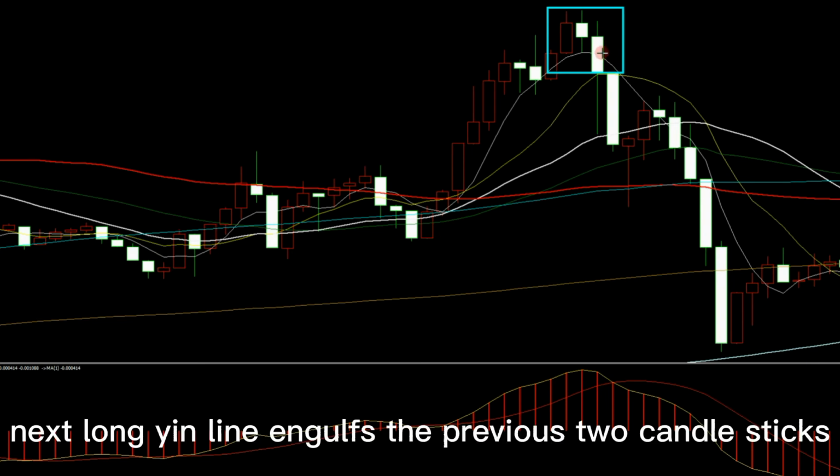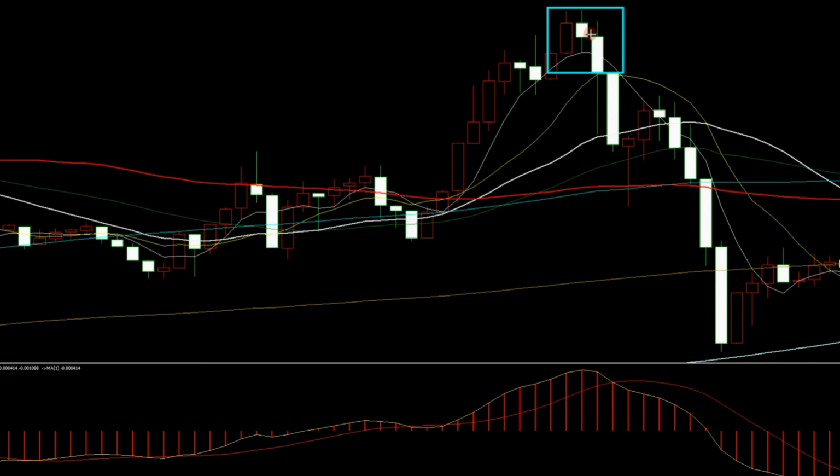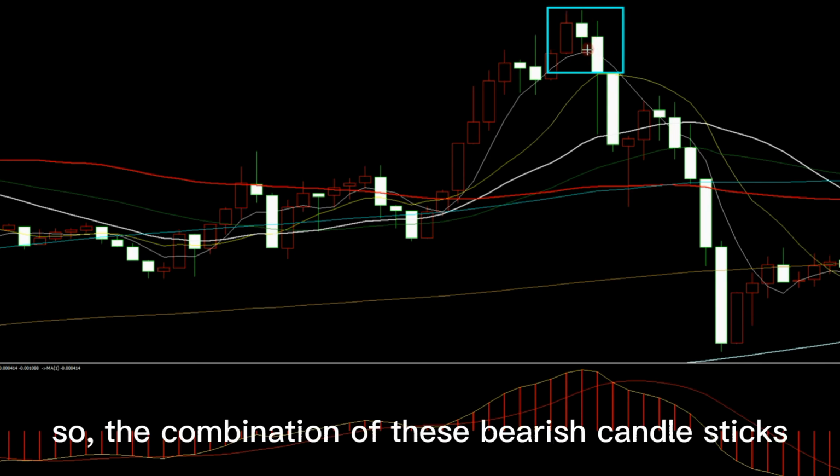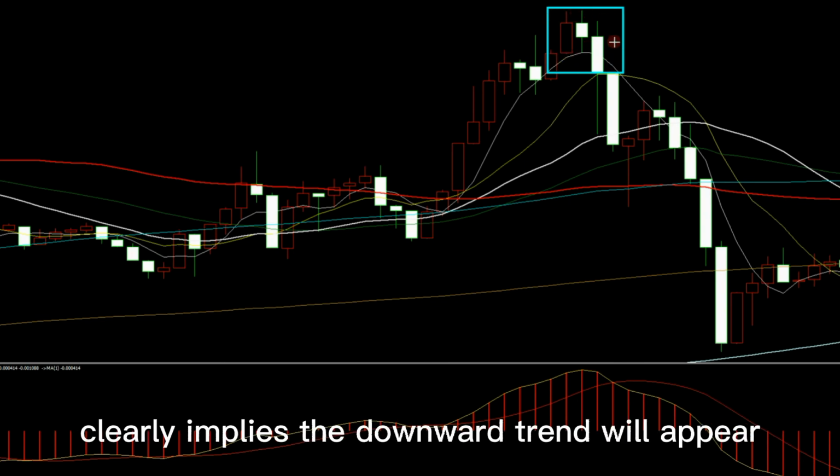And next, a long yin line engulfs the previous two candlesticks. So the combination of these bearish candlesticks clearly implies the downward trend will appear.